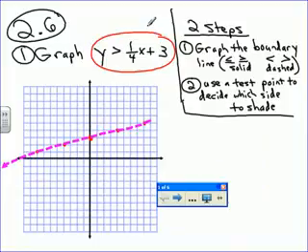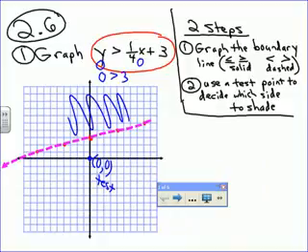So I usually just like to use 0, 0, unless the line goes through it. We'll use this as our test. So we'll put in 0 for y, and 0 for x. So you'd have 0 is greater than 3. That's not true. So we would shade up here. These are the points that are solutions of that inequality.